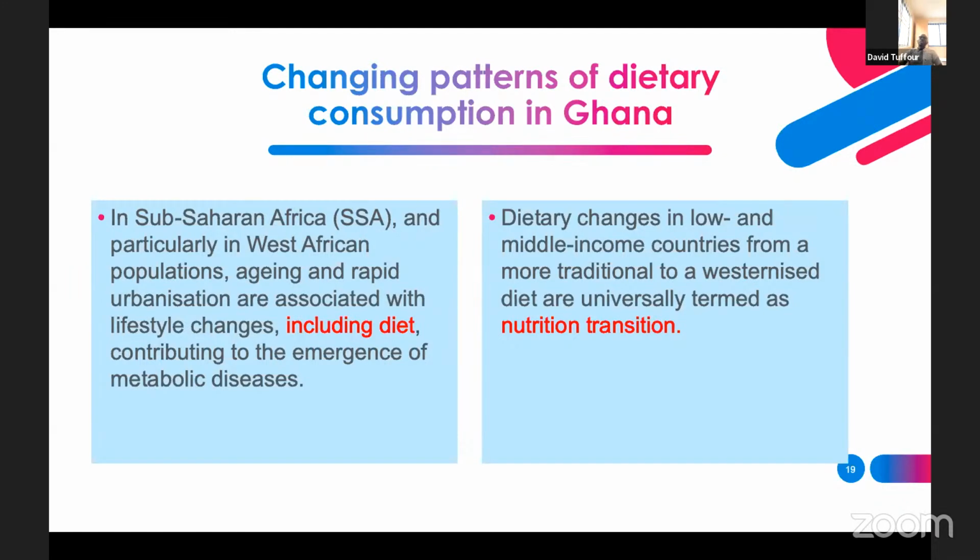Now, let's proceed and talk about the third component of the topic, that is, changing patterns of dietary consumption in Ghana. In sub-Saharan Africa, and particularly in West Africa, population aging and rapid urbanization are associated with lifestyle changes, including diet, contributing to the emergence of metabolic disease.